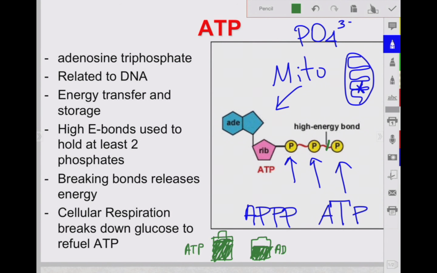Now there's just 2 remaining. And adenosine monophosphate is almost like a singular nucleic acid, just the singular phosphate in that case.